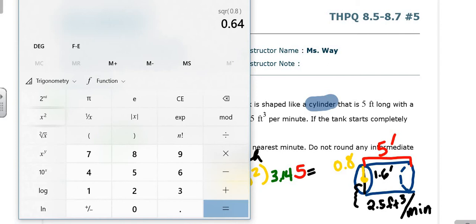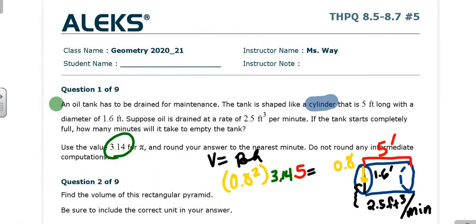So 0.8 squared times 3.14 times our height, and we get 10.048, and that's going to be feet cubed.